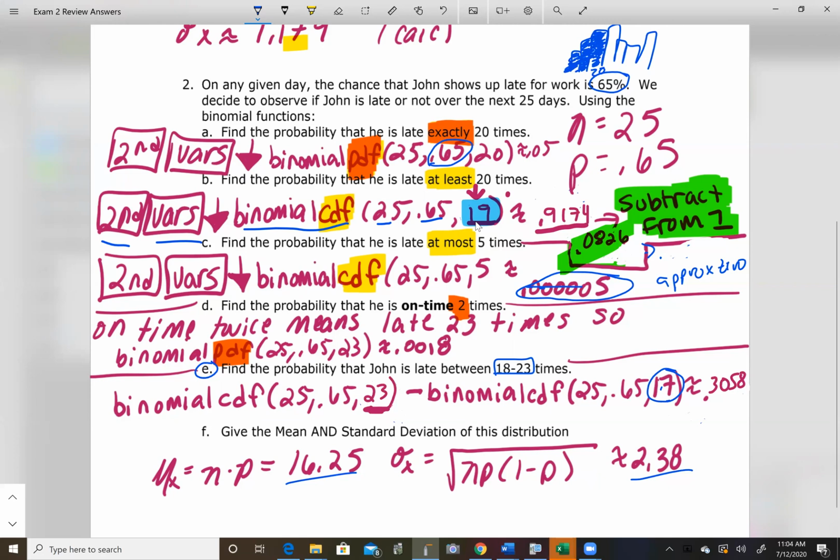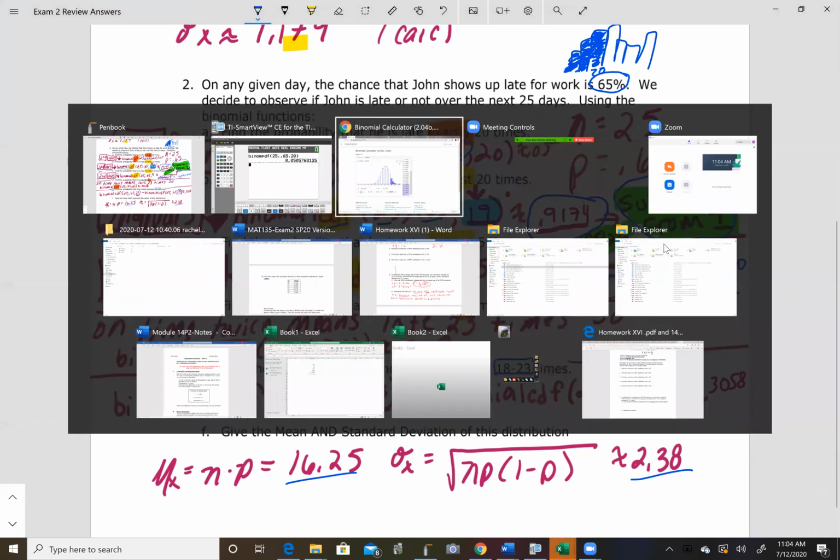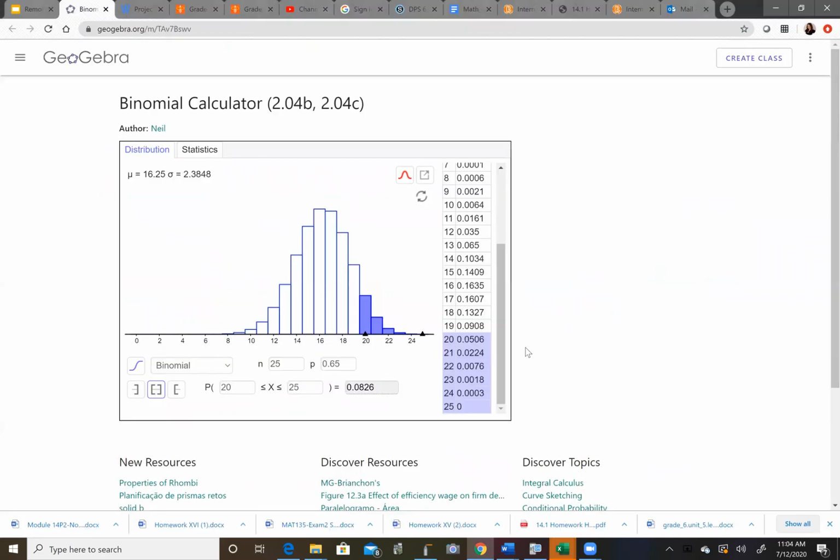Then once we find that, which was 0.9174, you need to subtract it from 100% to find all of the actual highlighted columns, right? If we look at our handy dandy website, the answer should be 0.0826, of all of the purple added up.